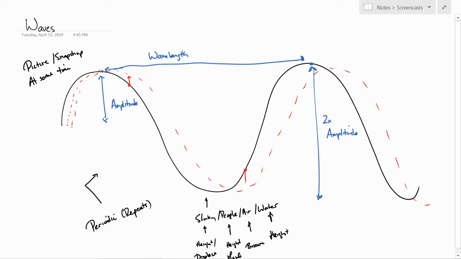This little spot here has gone down. All of these points don't move left to right if the wave is going up and down. So if the wave seems like it's moving left to right, the water, the hands, the whatever, they're moving up and down. If you think of the wave, your hands go up as my hands just did, and then they go down. But the wave seems to move to the right or to the left. That's one interesting bit about waves.